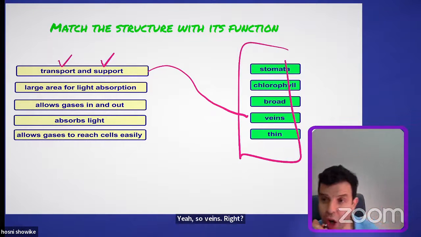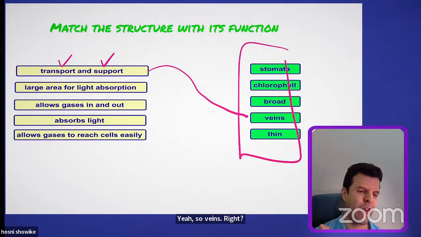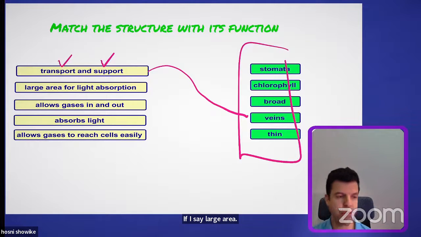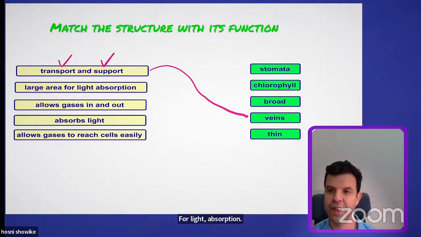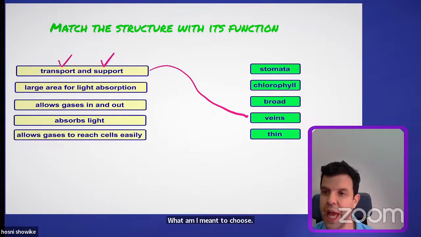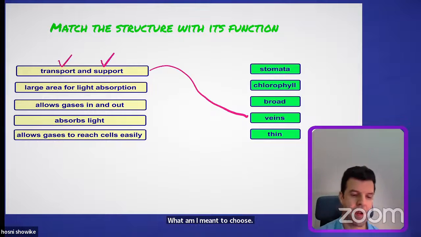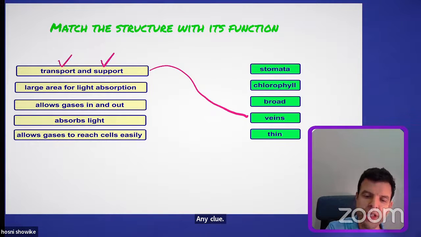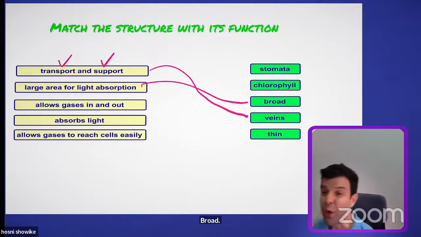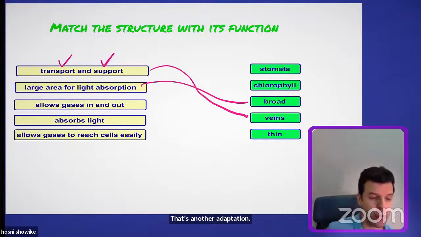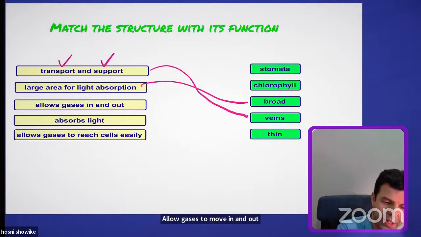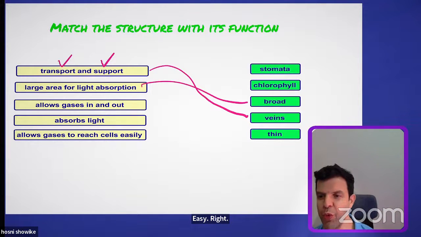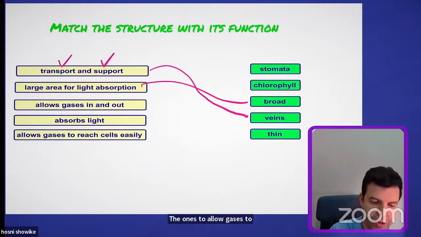If I say large area for light absorption, what am I meant to choose? Any clue? It's broad. That's another adaptation. Allow gases to move in and out, what am I meant to choose here? Easy, right? The ones to allow gases to move in and out are stomata.